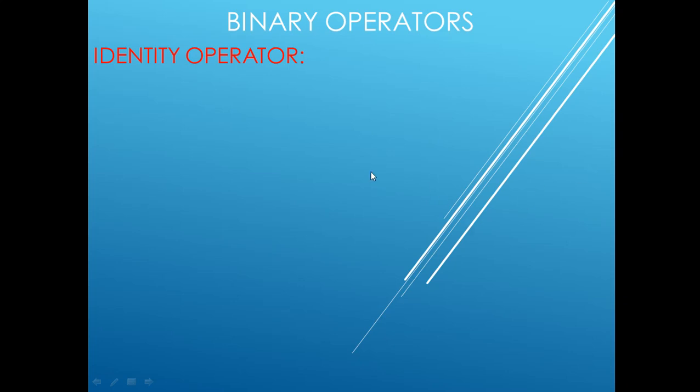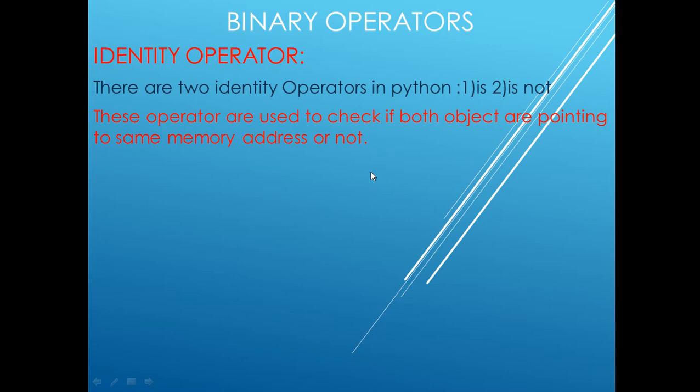What does it mean? So identity operators are two in Python. One is the 'is' operator and the second one is the 'is not' operator. Okay, so what is the purpose? Let us see.